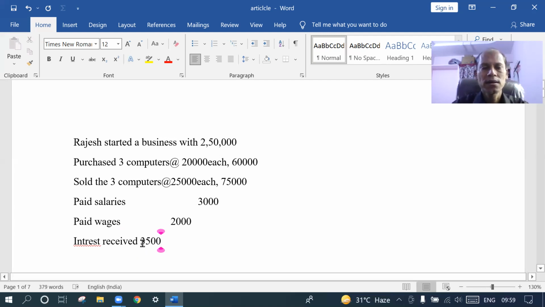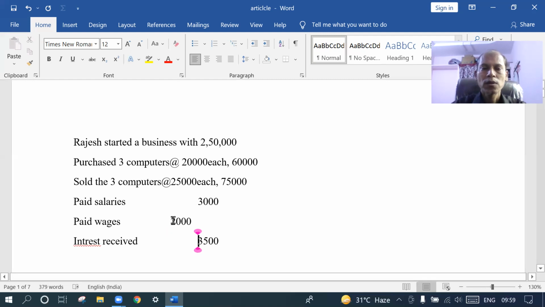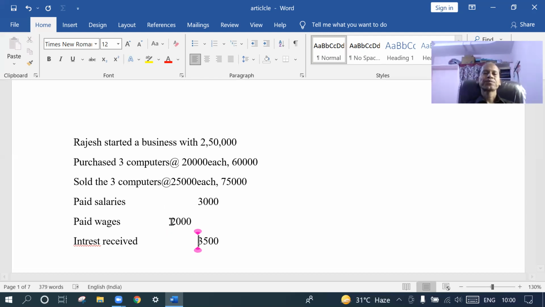Yes, this is the problem. So 6 transactions are taken.